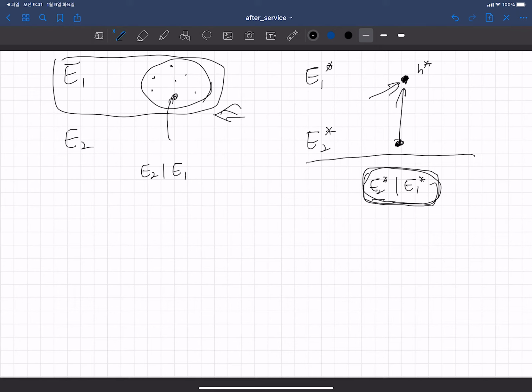But in the other case, E1 can have many different hypotheses that satisfy the condition that the training and test error difference is at least epsilon. And E2 given E1 is true when, among these hypotheses, just one single hypothesis is true for the E2 case.